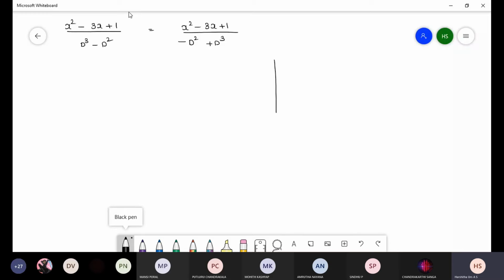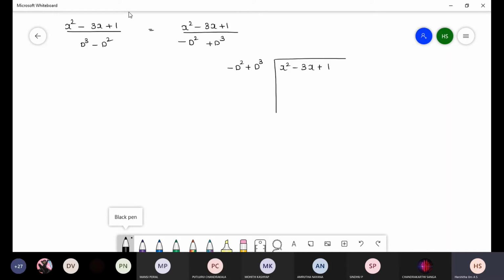So if we do the division method, x square minus 3x plus 1 divided by minus d square plus d cube. Here there is no numerical number. If it is a numerical number, it will be easy. By deciding the appropriate number, we can multiply with that numerical. But here they have directly given the differentiation.